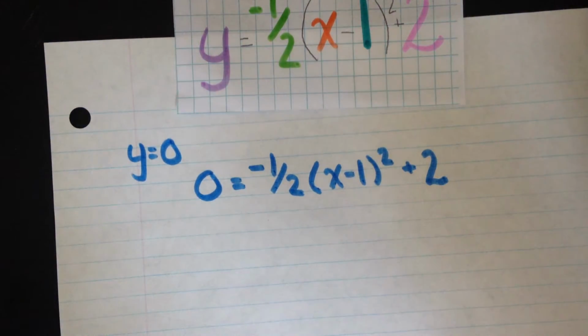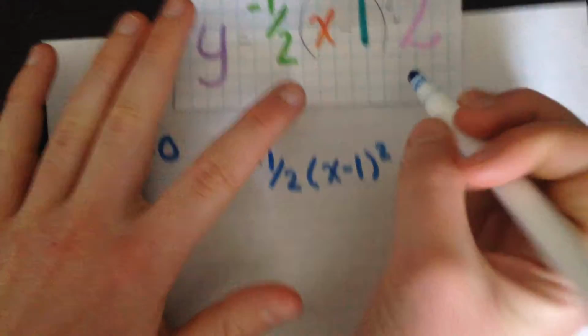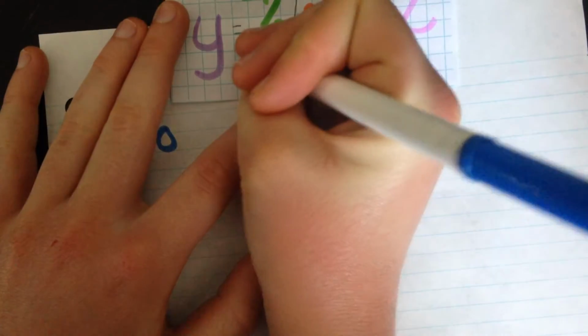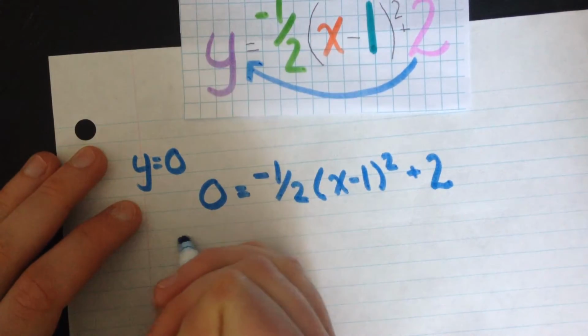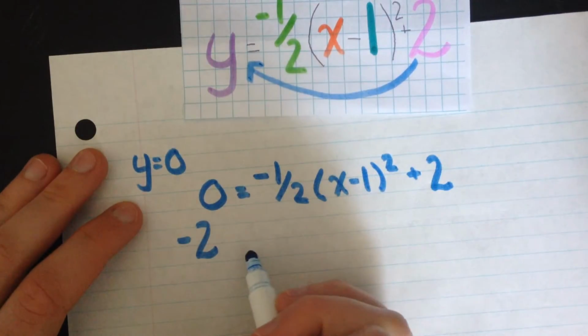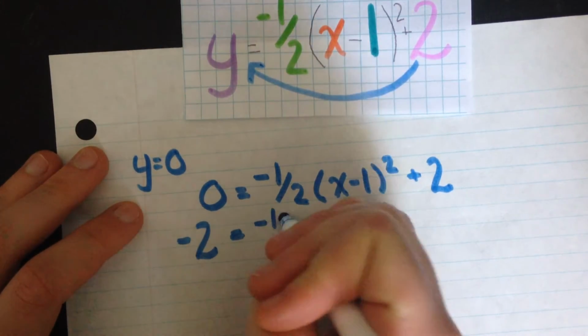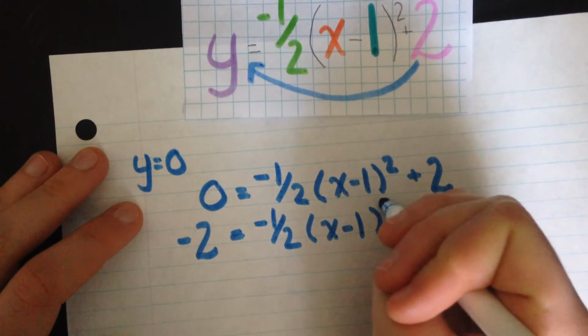Then, we begin to isolate for x using BEDMAS backwards. So the first thing we do is move the plus 2 to the left side of the equation, and it becomes -2. So then, -2, because -2 plus 0 is still -2, equals -1/2 (x minus 1) to the power of 2.